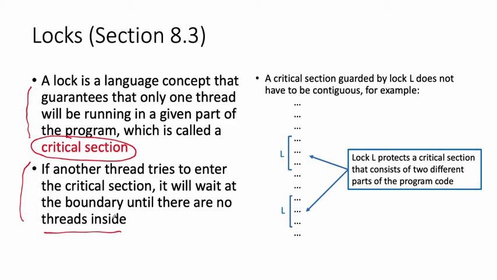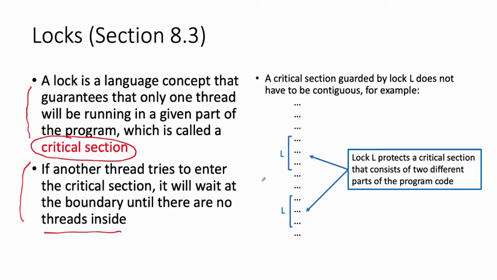So there's an entrance boundary and an exit boundary, and whenever the thread traverses the entrance or the exit, the lock will do something. So if there's no threads inside, then you can enter. If there's a thread inside, you will wait until the internal thread leaves.